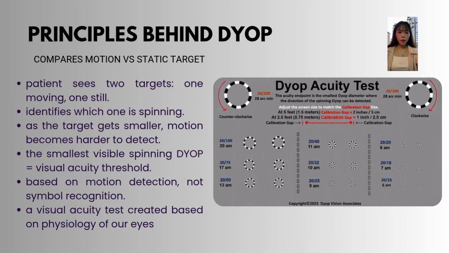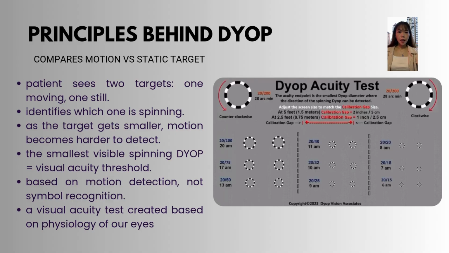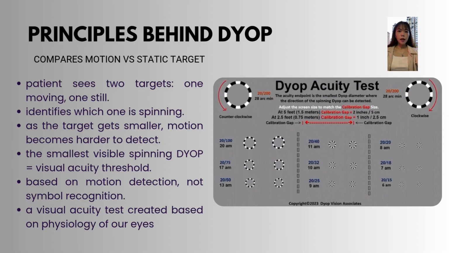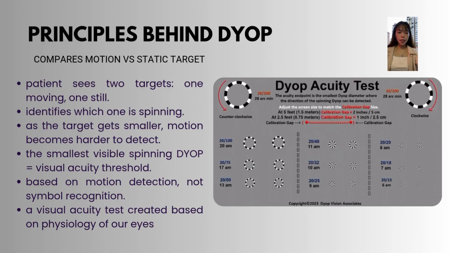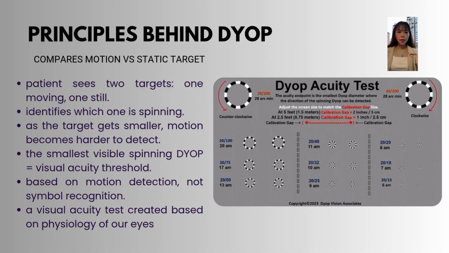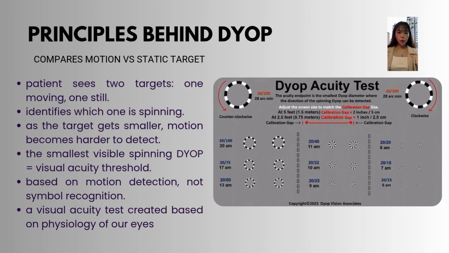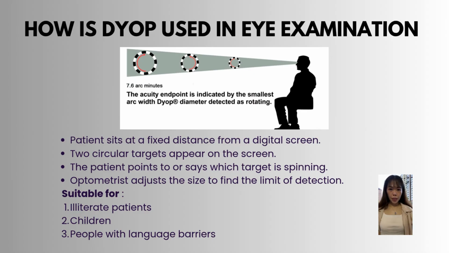This method aligns closely with the physiology of our eyes, since our visual system is highly sensitive to motion. By relying on this natural ability instead of reading symbols, Dyop provides a more objective and accurate measure of visual acuity.